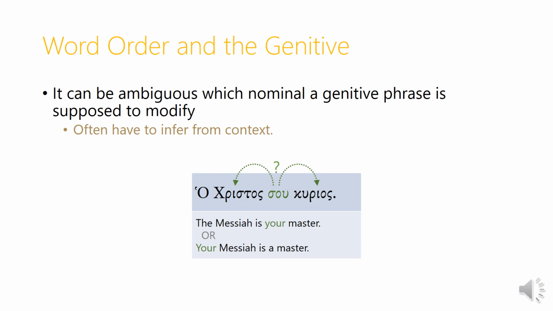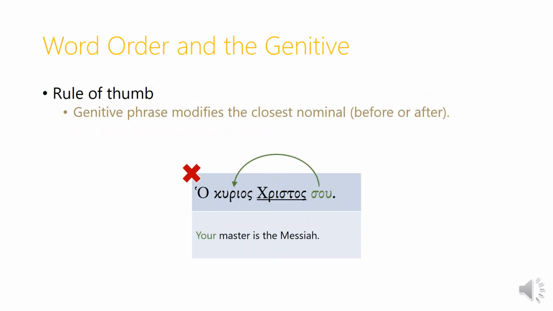In the one case, we would translate it, the Messiah is your master, if it's modifying kurios, or in the other case, we would translate it, your Messiah is a master, if we take sou to be modifying Christos. So there is a rule of thumb with the placement of genitive phrases, and that is that the genitive phrase usually modifies the closest nominal, either before or after.